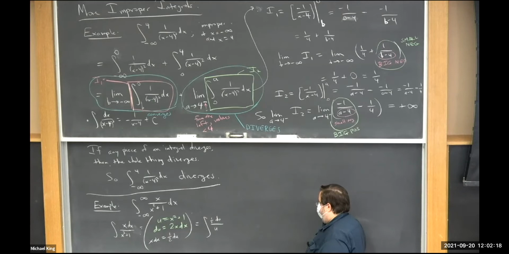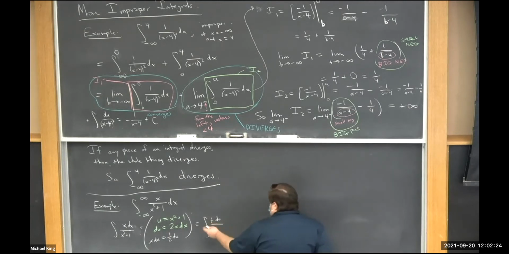Doing that right? That's okay. And so the 1/2 can come out. So this is 1/2 natural log of the absolute value of u, which I do want to say because we're going to have negative values here.